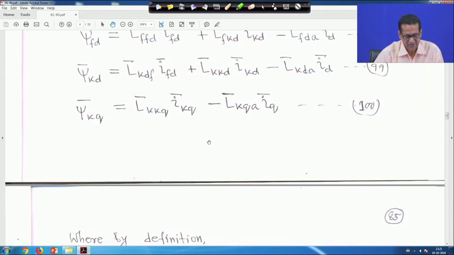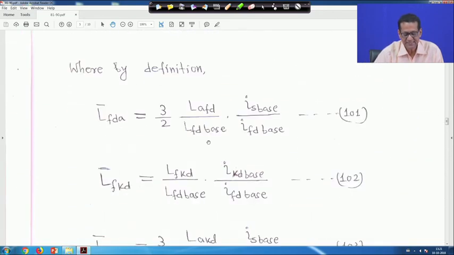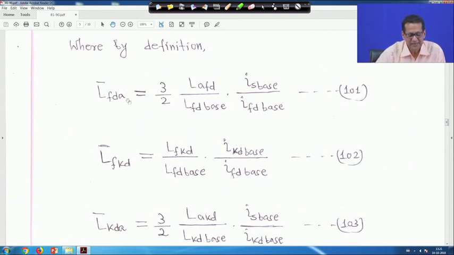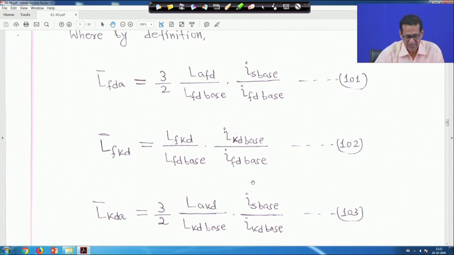So, by definition again we know that LFDA bar is equal to 3 by 2 LAFD upon LFD base into IS base by IFD base. This is equation 101. Similarly, LFKD bar is equal to LFKD upon LFD base into IKD base upon IFD base, right.